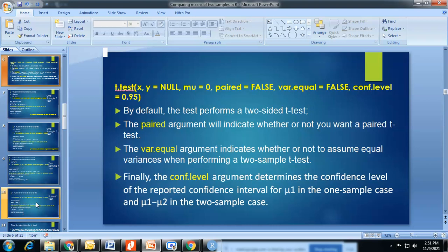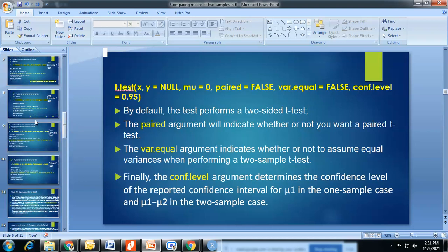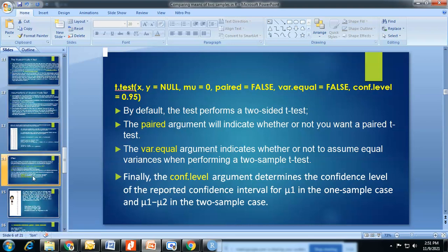In the next lecture, we will study some other techniques of hypothesis testing, like the Kruskal Wallis test, and some regression analysis. The Z test is there. We will see different types of parametric tests.